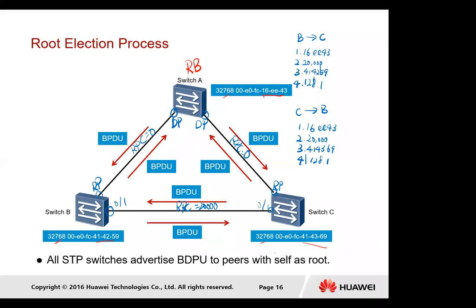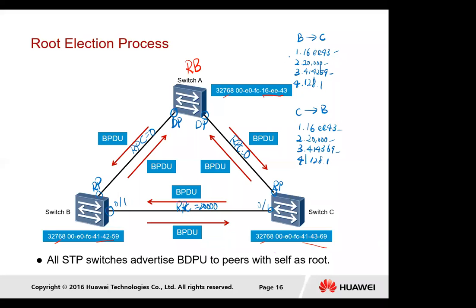Right now they compare. Which port is designated, which port is alternate? All right, let's check one by one. First one, 16EE43. Is it the same? Yes, they are the same. Secondly, is the RPC the same as well? Yes, 20,000 and 20,000. Then third, 414259 versus 414369. When they compare the local bridge ID, who is smallest?